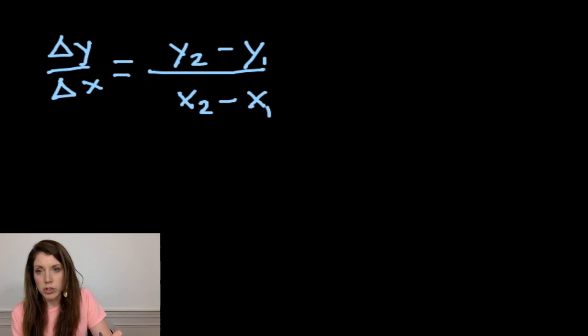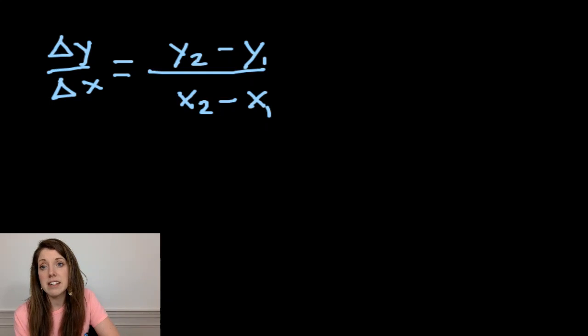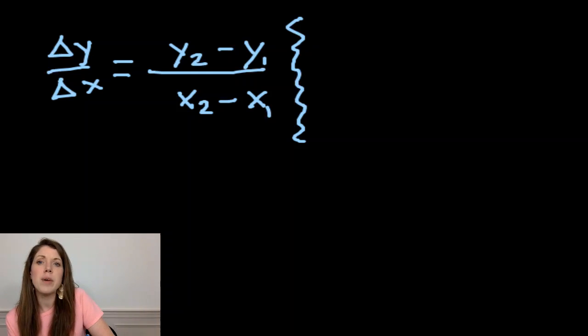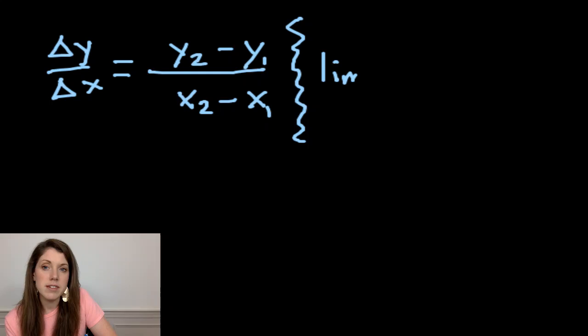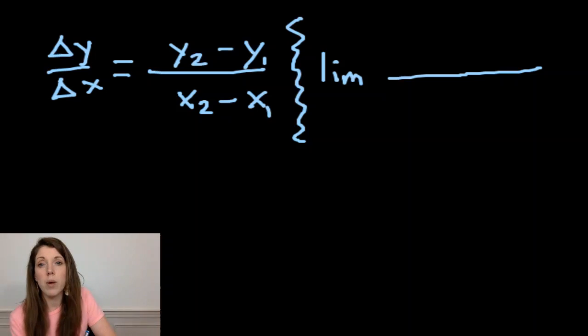So that's old news. Then we said we can take that from being an average rate of change to being an instantaneous slope at a point. If we find the limit of two points, we'll call one f of a and one very close to it f of a plus h.